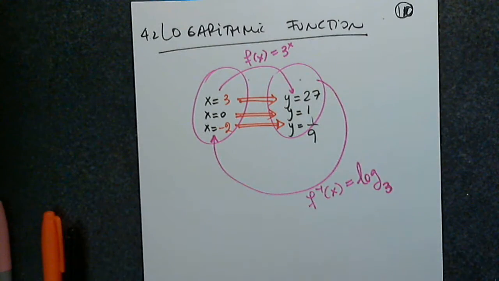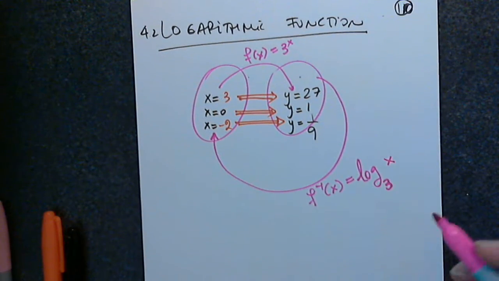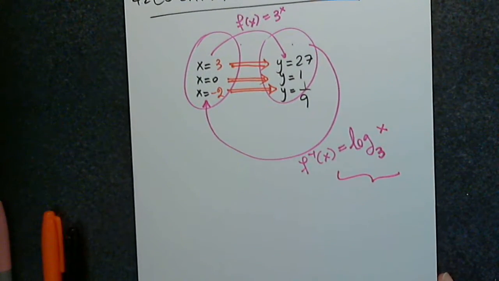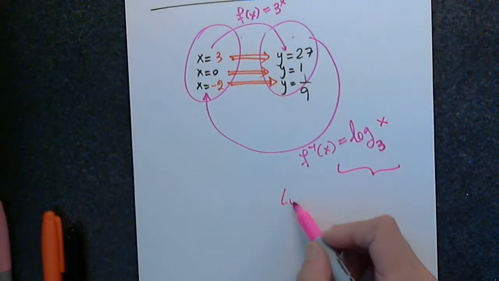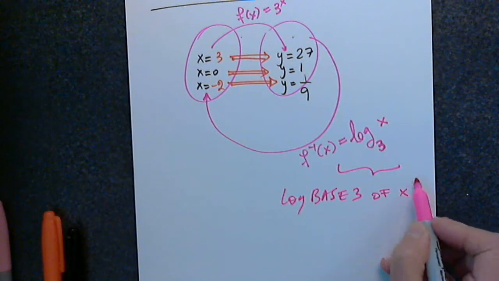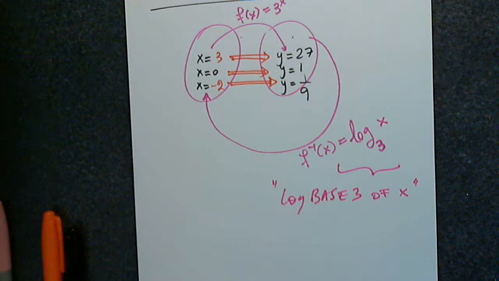Okay. So f inverse of x. So here's how we read this. Again, it looks intimidating. Please don't get intimidated by it. Log base 3 of x. Log base 3 of x. This is how we read this function. Yes, it's a mouthful, but it's just a function. It's not a big deal.